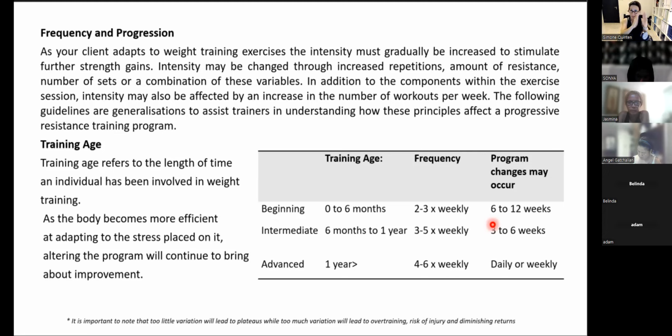I will change it. On day 1, I do a sequence of, let's say, 5 exercises, A, B, C, D, E, okay? Then the second time I see them, I don't start again with A, B, C, D. Maybe I start with exercise E, then I do exercise C. So I vary the exercise sequence a little bit, okay? Usually 3 to 12 weeks is about right for a beginner.